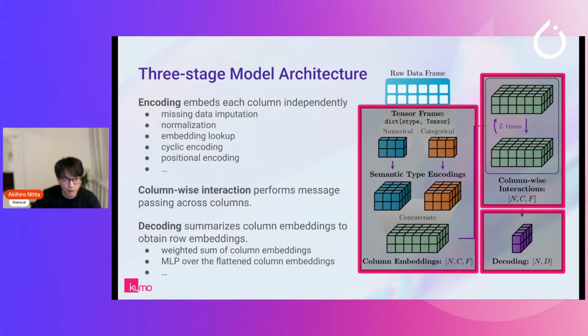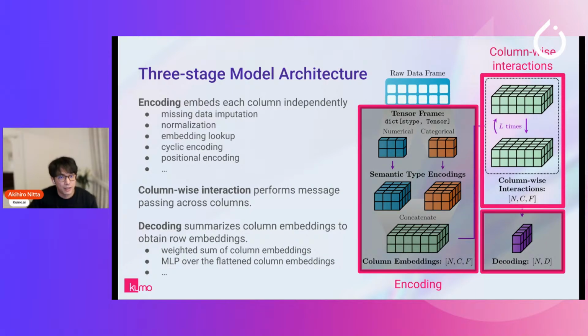The first part is encoding. It basically embeds each column independently. So for example, it could be imputing missing data, or normalization, or embedding lookup for categorical columns, and cyclic encoding and position encoding, and so on.